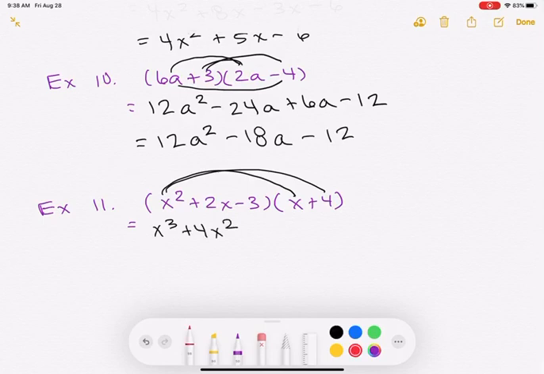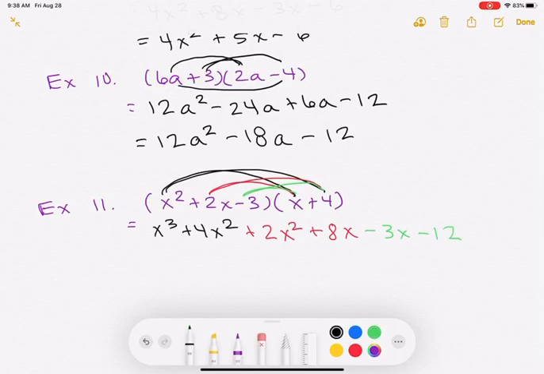Moving on to the next piece, I have a positive 2x times x is a plus 2x squared. 2x times the 4 is going to be an 8x. And finally, I have a negative 3 times x is a minus 3x. With a negative 3 times 4 is going to be a negative 12.